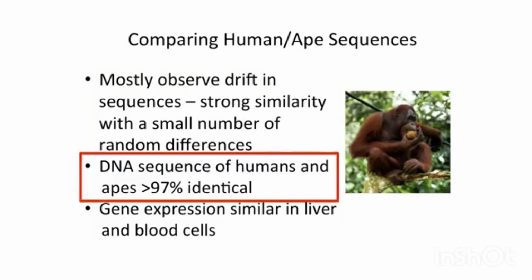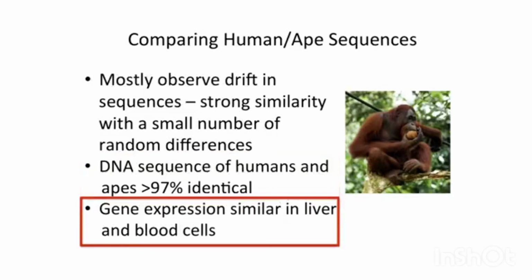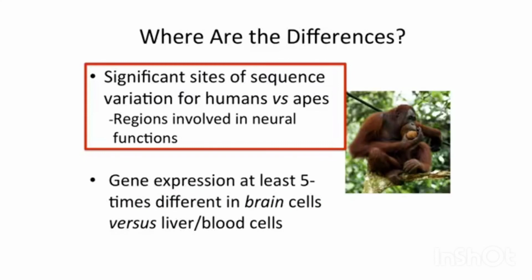The DNA sequence of humans and apes is approximately 97% identical. Even the genes expressed are similar in liver and in blood cells. So where are the differences? The significant sites for variation between apes and humans are in regions involved in neural functions.